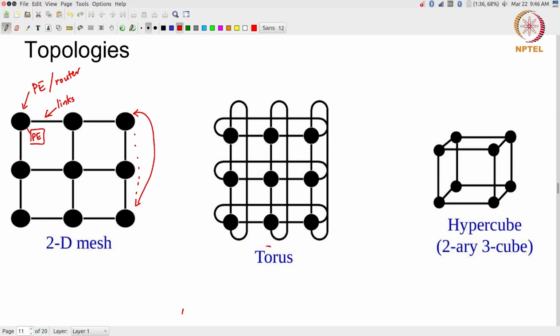That brings us to the idea of a torus. In the torus you do precisely that, you make these connections from one end to the other. It shortens the distance between the endpoints, and in fact potentially also gives you two ways of reaching the same place.